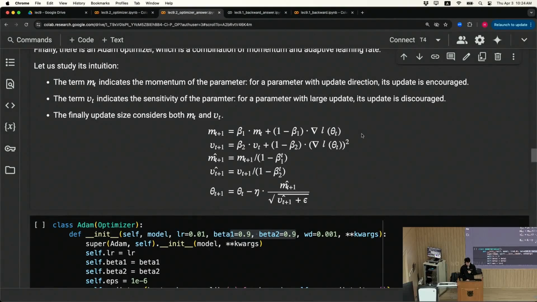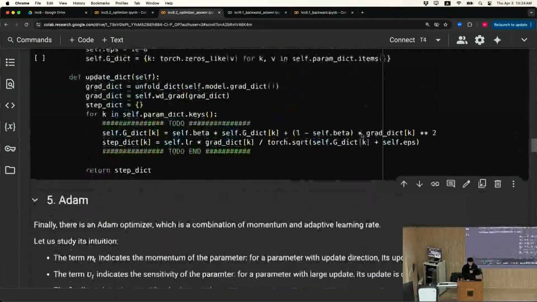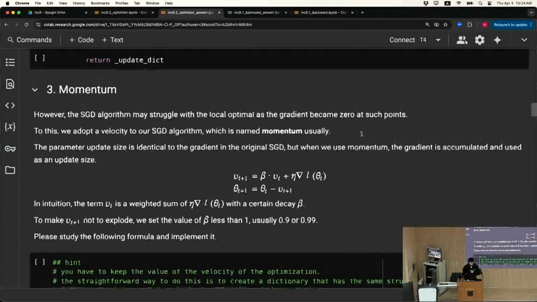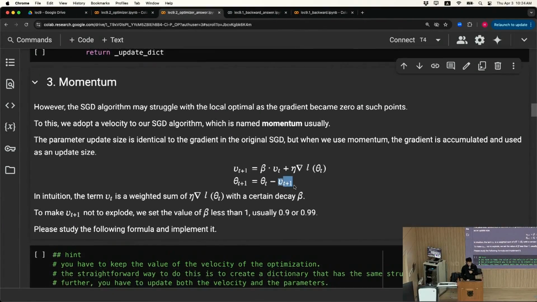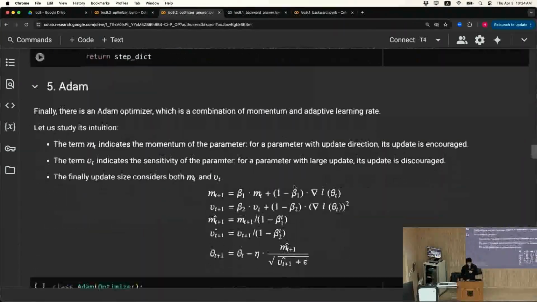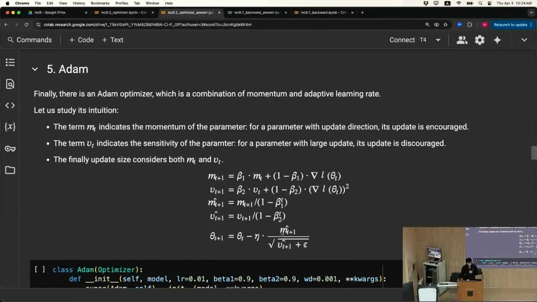And in the momentum case, your descent direction was the velocity, but now we're going to take the descent with the momentum divided by the velocity.